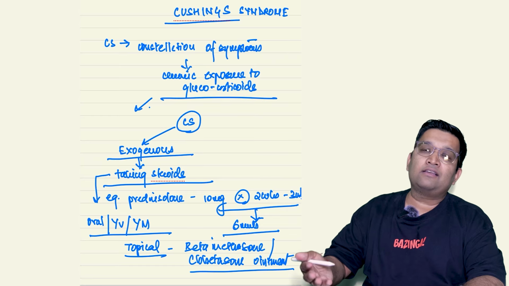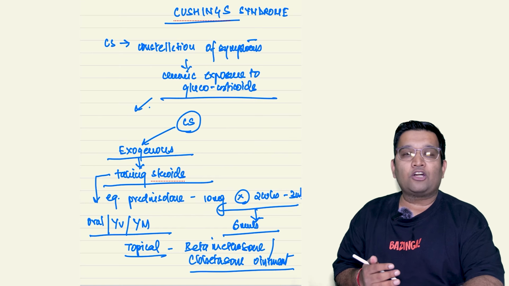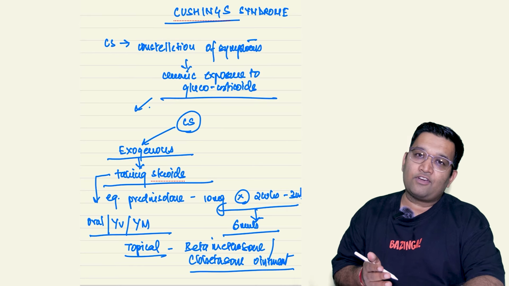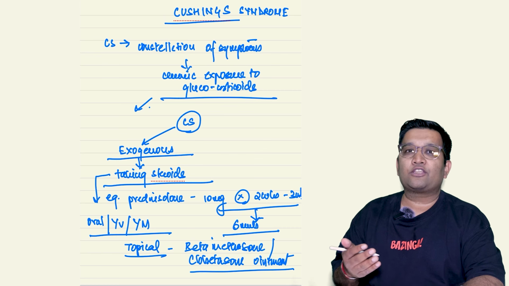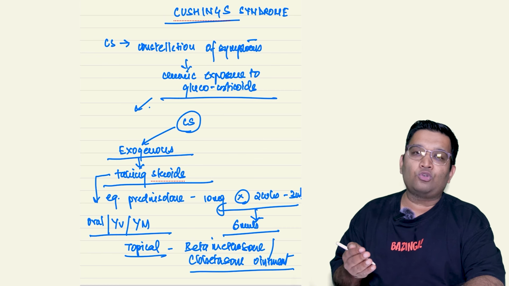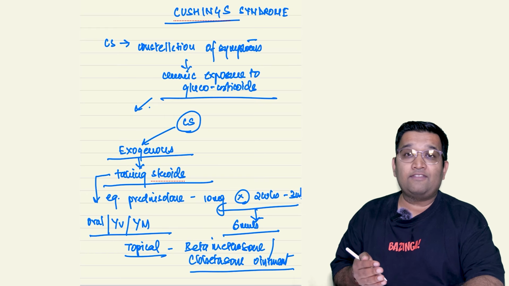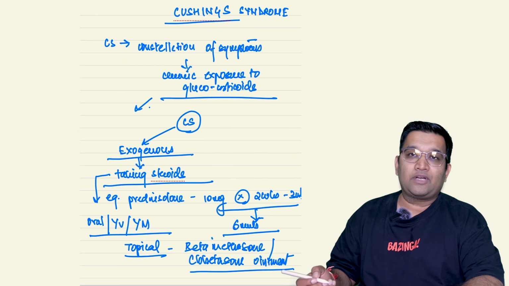So the classical learning that we have had is that whenever we are giving a topical therapy, that topical therapy will save us from the systemic adverse events that are occurring because of the exposure to the drug. But that is not the case when it comes to glucocorticoids. Even in case of topical, even in case of eye drops, there can be certain symptoms.